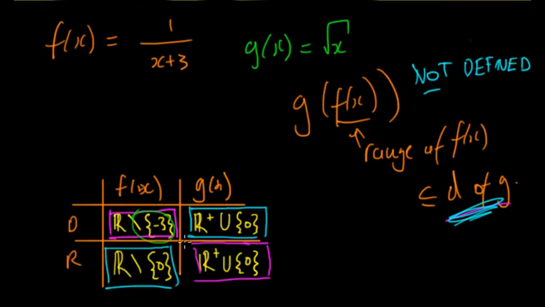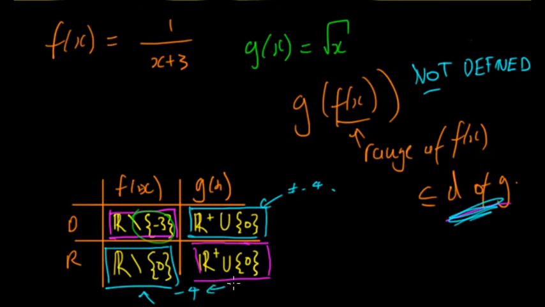Even though some of the values are included in both, the range includes negative values. For example, let's say -4. So -4 is included in the range of this. However, -4 is not included in that set. So that means this set is not a subset of that one. Another example is looking at 0.